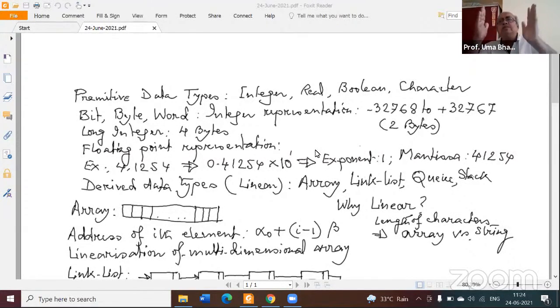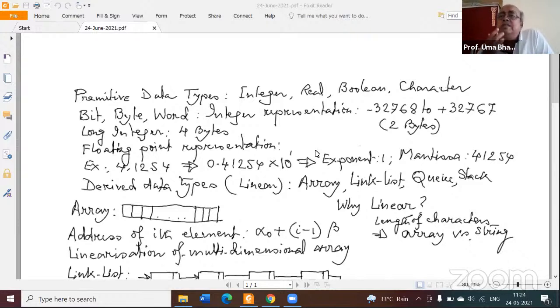So everything is fixed. So if you want to access any particular book, say in the third row, you can easily compute the address of, say, the second book in the third row if you know the initial address. First row first, then second row, then third row, like that. So it can be easily computed.